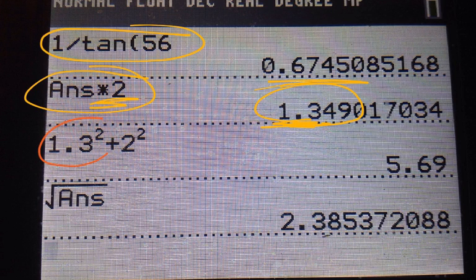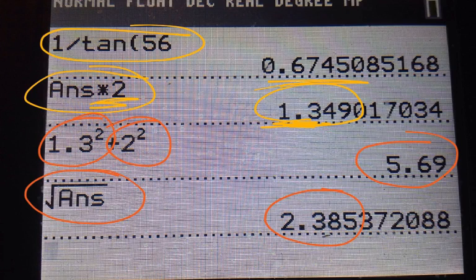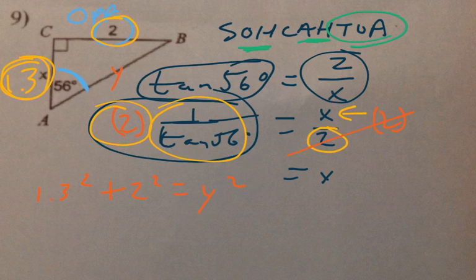Does everyone agree 1.3 squared plus 2 squared is 5.69? When I take the square root, I get 2.385. Again, I'm just going to round it off to 2.4. So I just figured out that the missing side of the hypotenuse is 2.4.